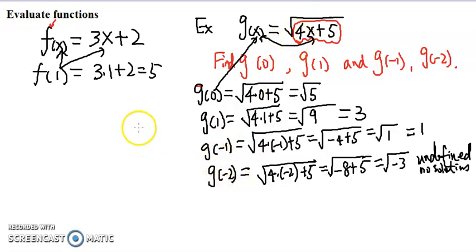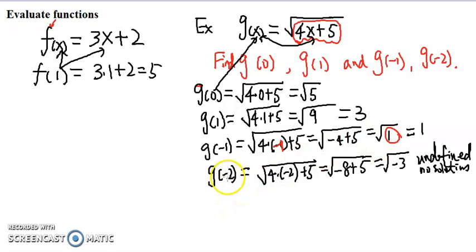You may think that for a square root function it cannot be a negative number, but it's not the x value that cannot be negative. It's the whole expression with the radical sign together. 4x plus 5 cannot be negative. Notice that when I plug -1 into the function, -4 plus 5 still gives us a positive value.